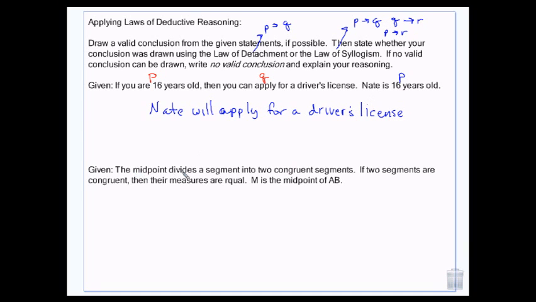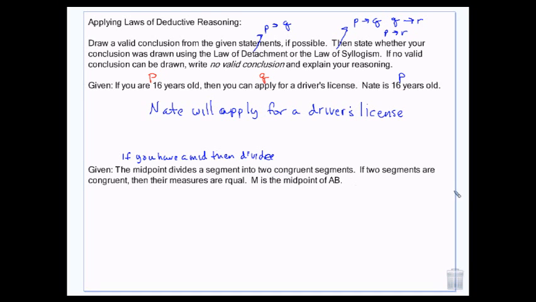Okay. The midpoint of a segment divides the segment into 2 congruent segments. If 2 segments are congruent, then their measures are equal. Okay, this isn't exactly written in the if-then form, but I could say if you have a midpoint, then you divide into 2 congruent segments, so I can make that into an if-then statement.